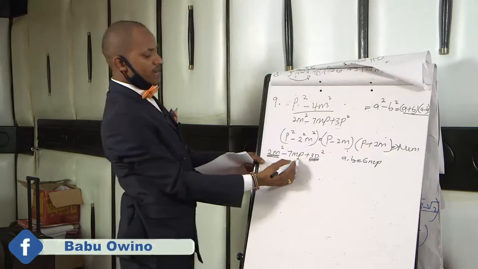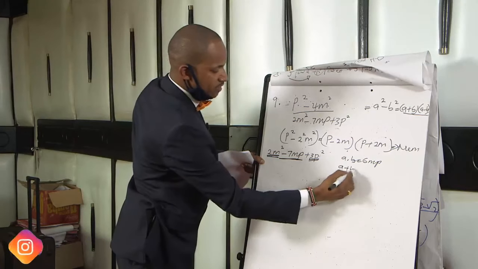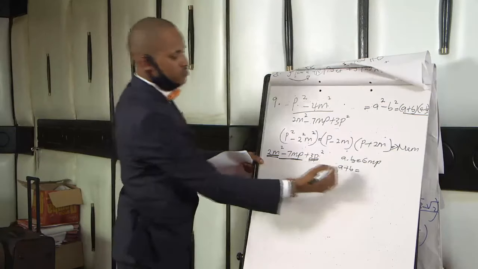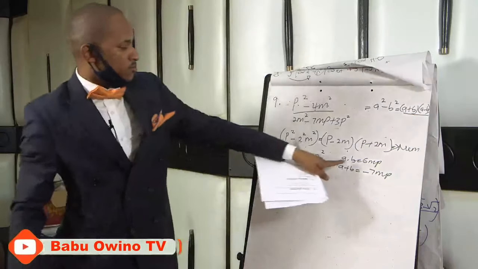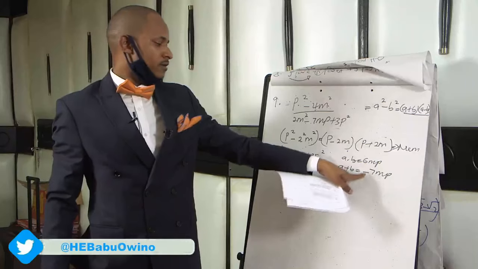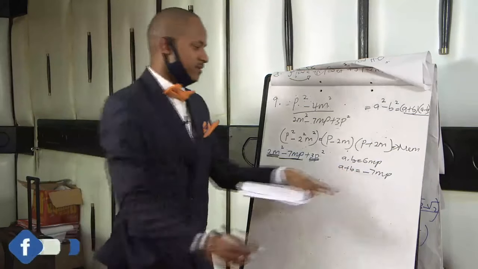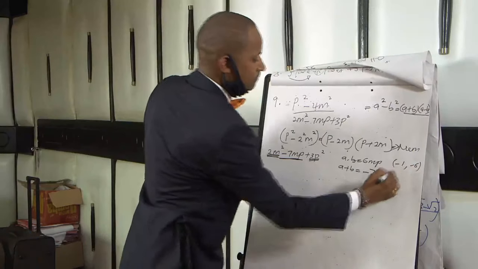But when you add the same two numbers, let the numbers be a and b, they give you minus 7mp. So we need two numbers that when we multiply give you 6, and when you add give you minus 7. The numbers are minus 1 and minus 6.